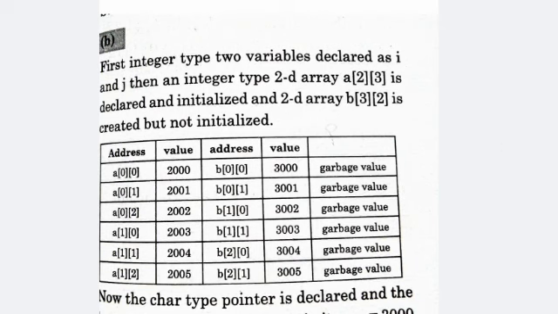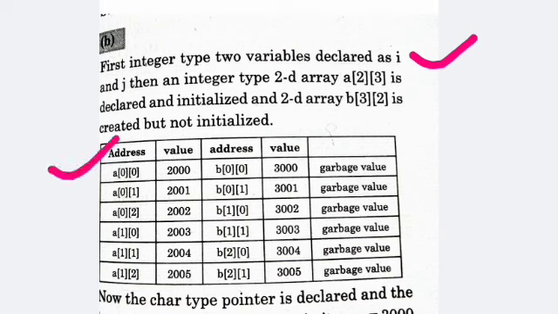First, integer type two variables are declared as i and j. Then the integer type array A[2][3] is declared and initialized. The array B is created but not initialized. So here we put the address for each value.